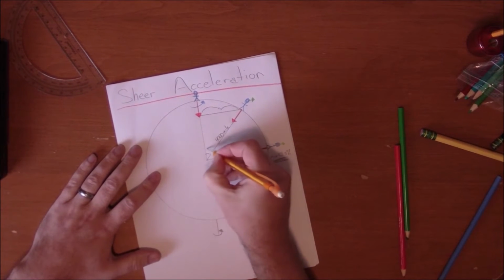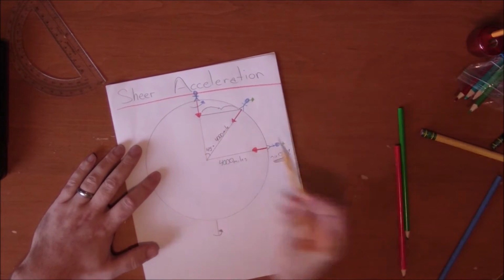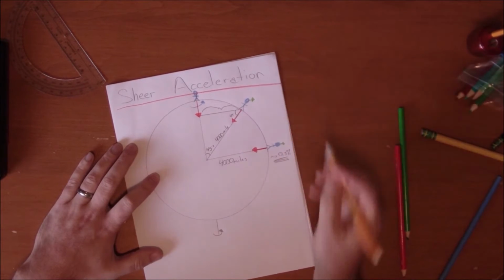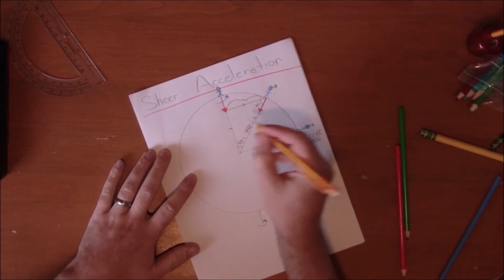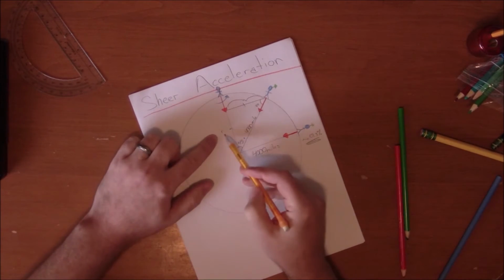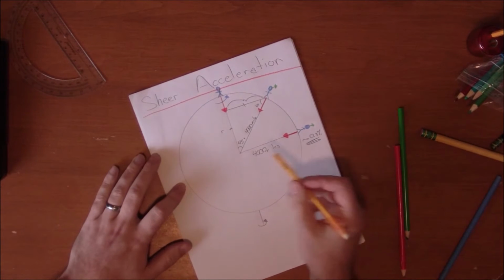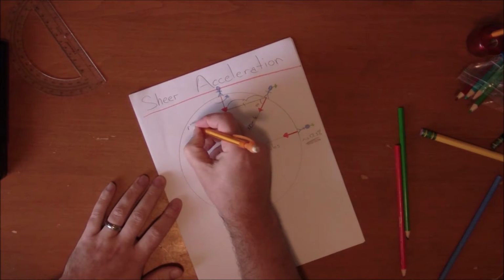The angle is 45 degrees. And we need to know this opposite side, which, if it's a 45, this one's also 45, which means that these two sides are the same length. We'll call them R. And in a 45-45-90 triangle, R squared plus R squared equals 4,000 squared.